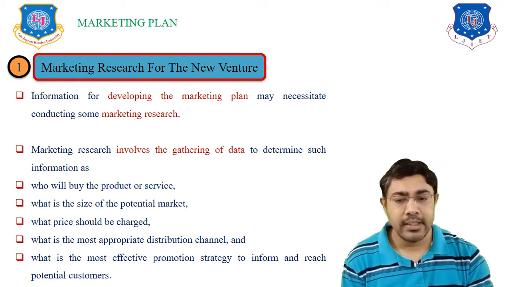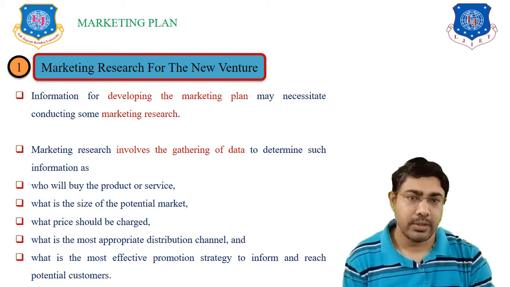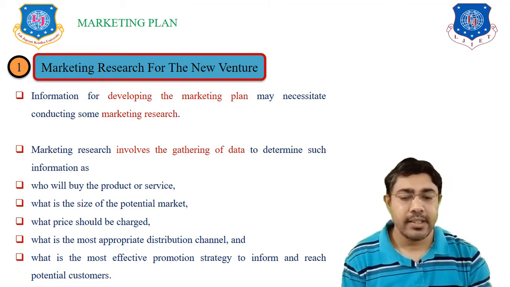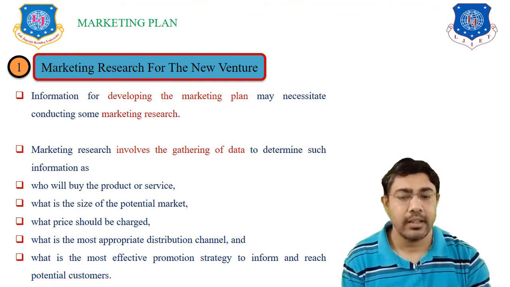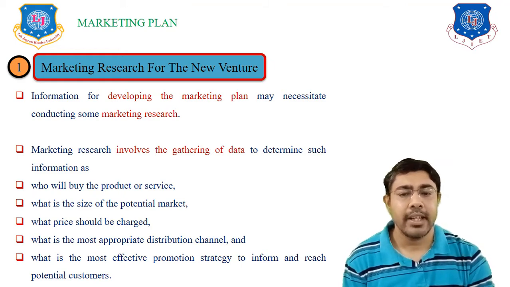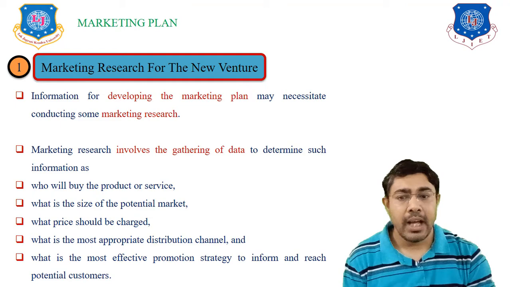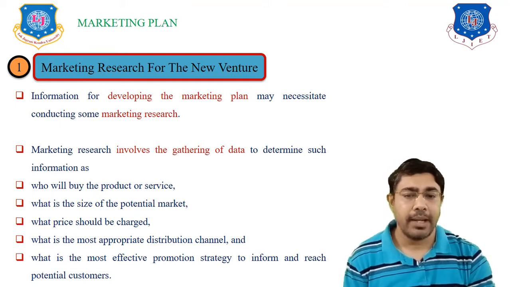The next information you collect in marketing research is what the most effective promotion strategies are to inform and reach potential customers. All this information is collected in marketing research and used to develop the marketing plan.